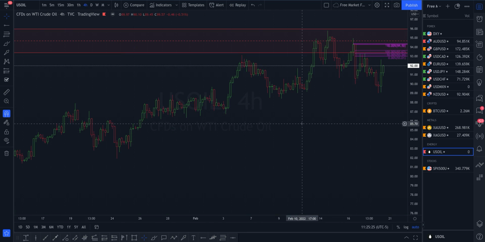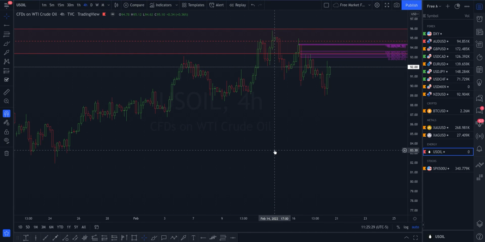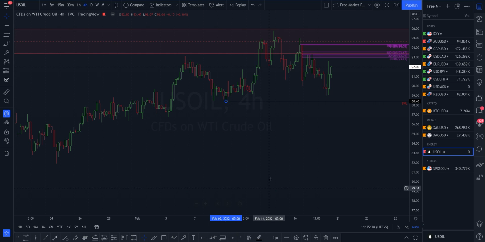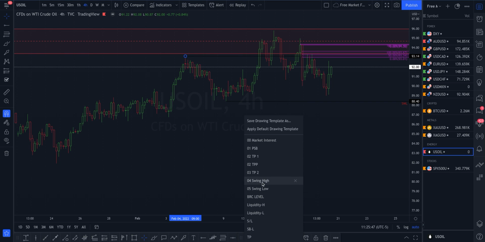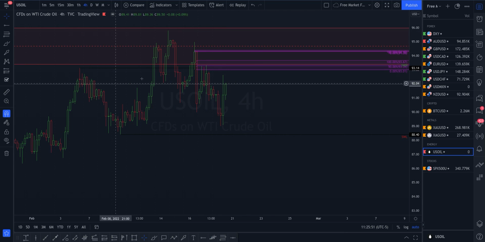Well, technically, I know that the institutional bias is bearish, but this high was taken out, this high was taken out, this high hasn't been taken out yet.